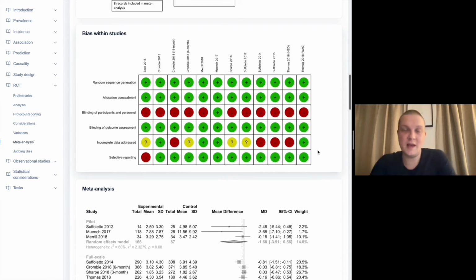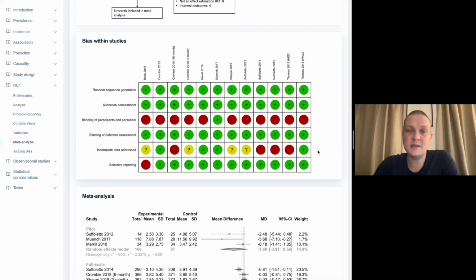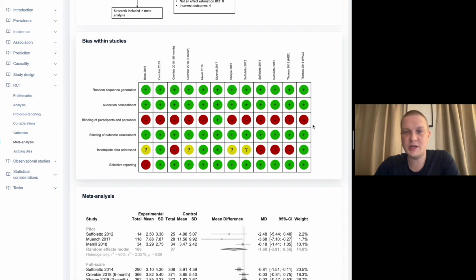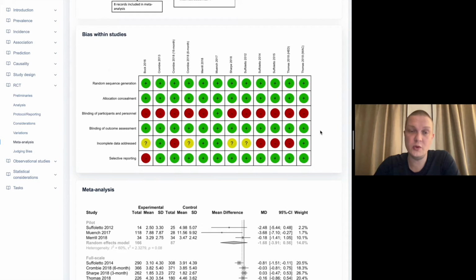You then do an assessment of the bias within each study. I'm going to show you the tool in a later session of how you do this. And you generate this really useful overview of the bias in the studies. So you can see all the red dots here. Each column is one of the studies included, and each row is a domain which might lead to bias.